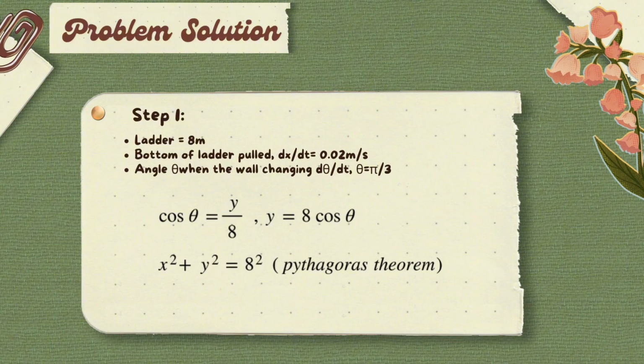The adjacent we don't know the value, and the hypotenuse is 8 meter. So we make y the subject of the equation: y equal to 8 multiplied by cos theta.